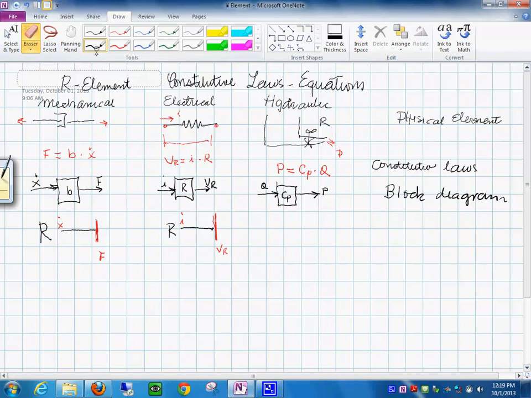So I am going to use the R element like this, and the output in this case is the pressure, but the input is this Q. Right? So this is your bond graph. Okay, this is your bond graph.